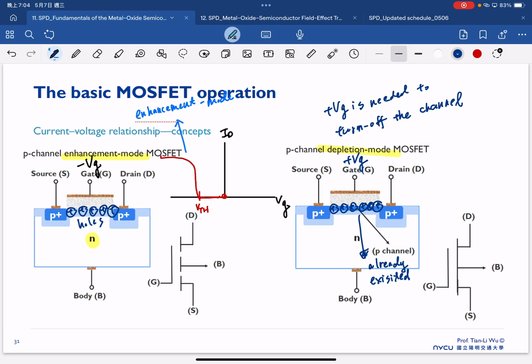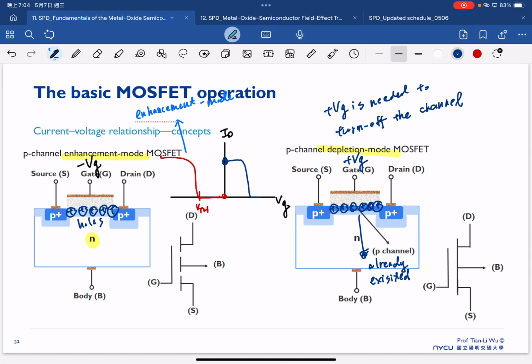So then if you look at the ID-VG characteristic at 0 volt, the channel is already there, the holes are already there. So at 0 volt, we have the current. But now what we need to do is to increase the bias beyond a certain point.